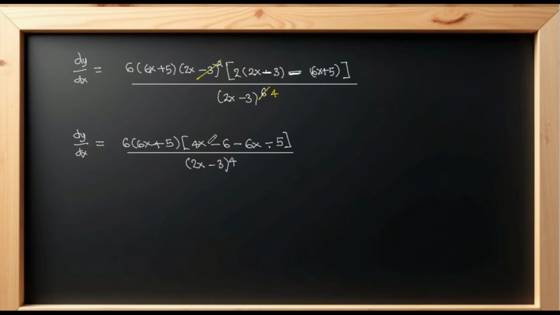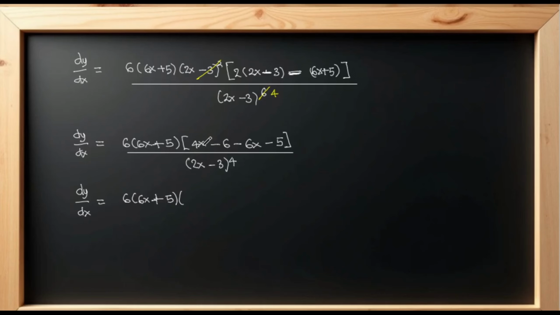Now simplifying these terms inside the second square bracket, we will have our dy by dx equivalent to 6 into 6x plus 5, and then we close the bracket, open the new bracket.